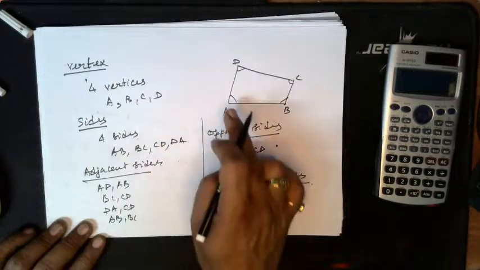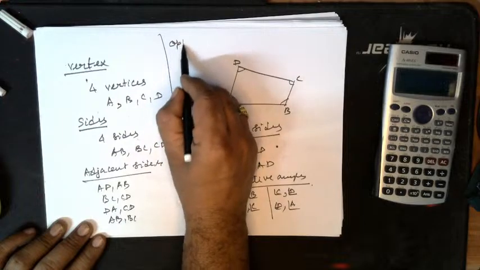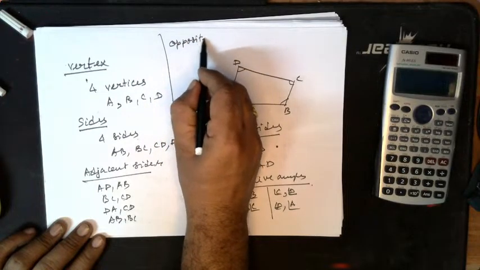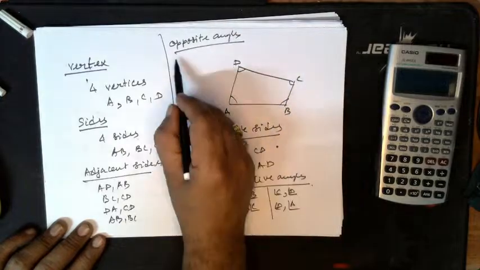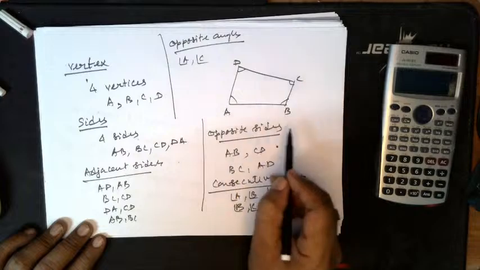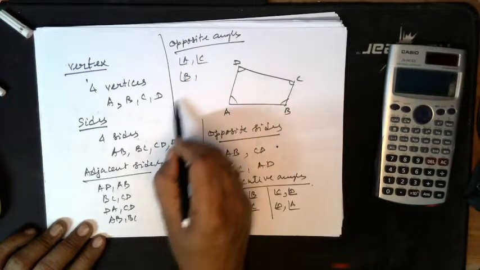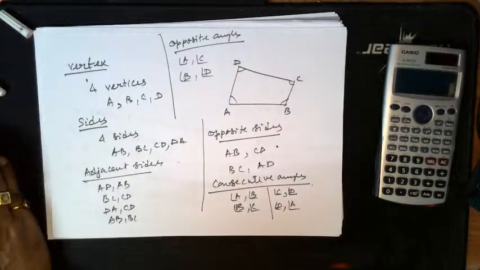Opposite angles are A and C. Opposite angles, angle A, angle C, angle B, angle D. They are opposite angles.